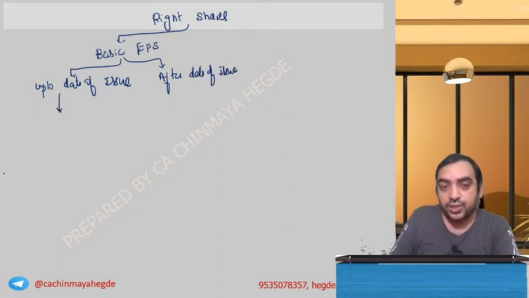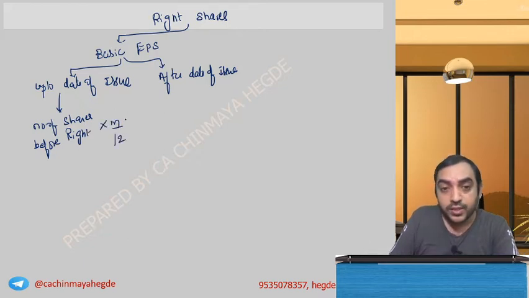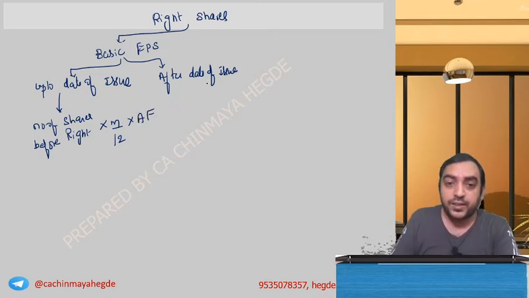Up to the date of right issue, we compute like this: number of shares before right into m by 12, number of months, into adjusting factor. Adjusting factor, I'll tell you what is adjusting factor.